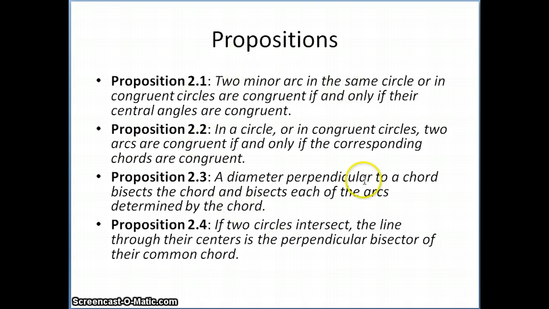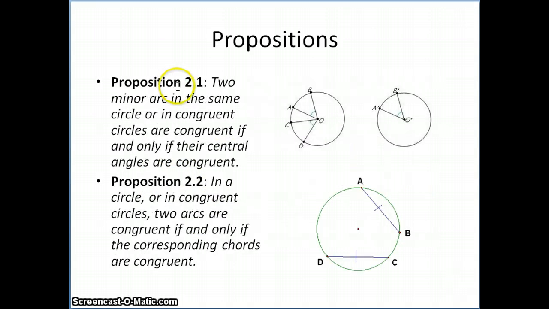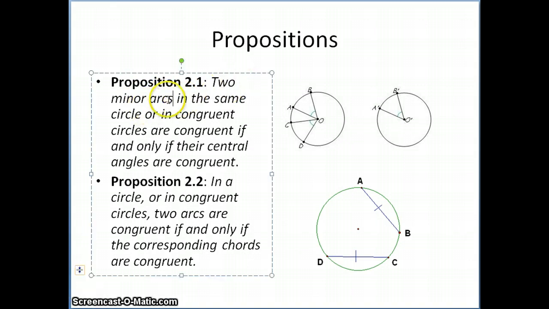Now next we have 4 propositions. Most of them are very easy, so we will skip the proofs. Let's look at the first one. Two minor arcs in the same circle or in congruent circles are congruent if and only if their central angles are congruent. This is what we just talked about before.